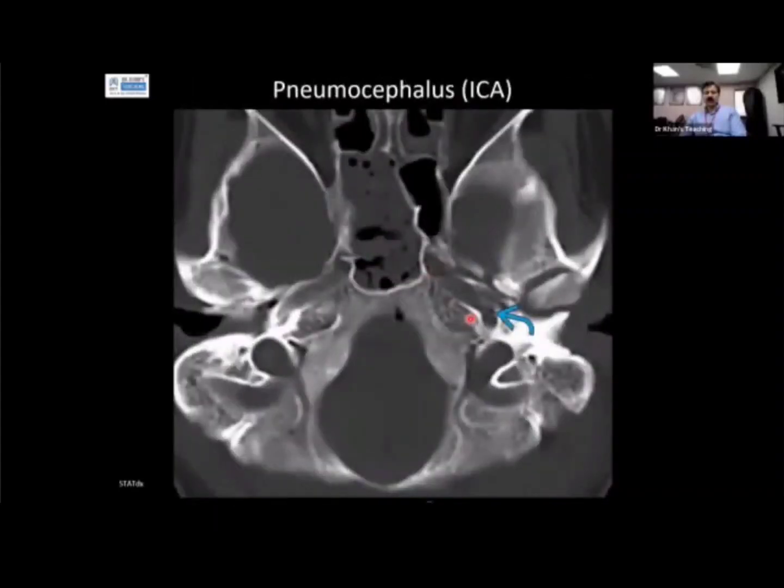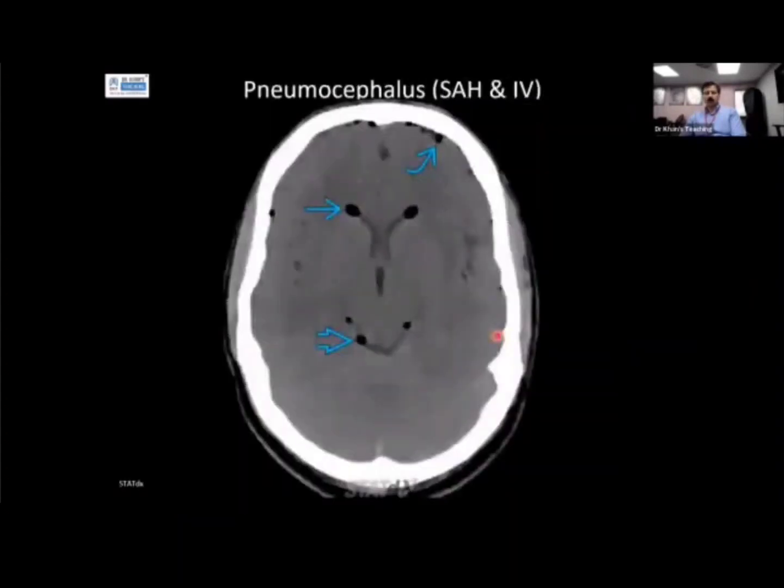Another example, you remember I showed you a case of air bubble in the jugular bulb, which was because of dural sinus laceration. Here, there is a fracture which has ruptured the carotid artery, and you can see a bubble within the carotid canal, within this portion of the carotid artery.